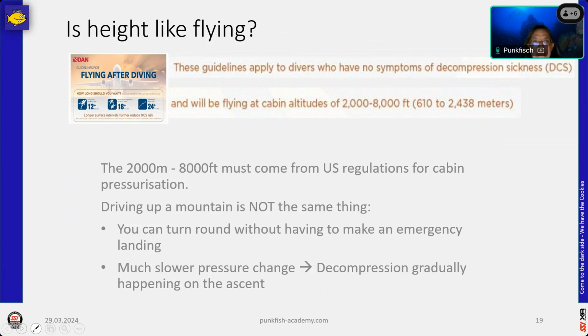And in case you have any symptoms when driving up, you can turn around and drive to the next hospital, right? You're not in a plane for the next 10 hours. So you have all the possibilities to react. This is why altitude is just not the same as flying. And you don't really need to consider the flying after diving rules if you drive up a little bit, because it is not the same.